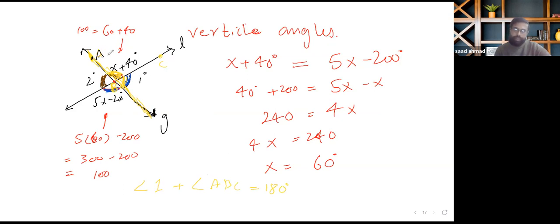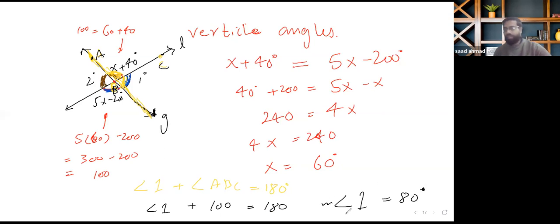So angle 1 and angle ABC make up a line, so that's 180 degrees. We are trying to find angle 1. The measure of angle ABC is given, which we have already found; it was 100. So we subtract 100 on both sides. The measure of angle 1 is 80 degrees.